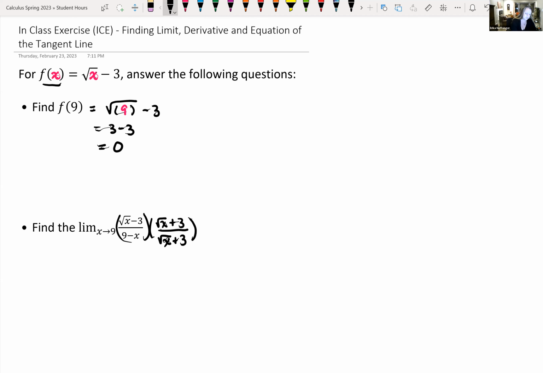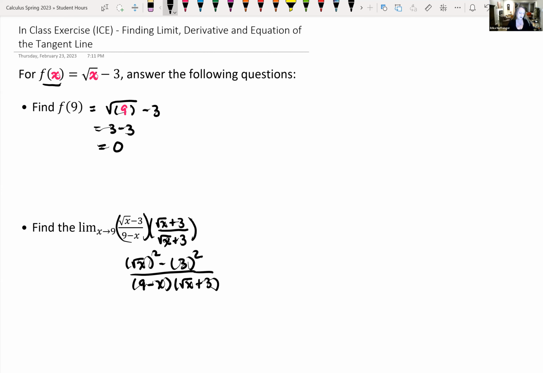So if we distributed that out, we would get the square root of x quantity squared minus 3 quantity squared, all over the piece that was not multiplied by the conjugate, which we just keep there. Sorry, for some reason my pen in this program is not writing the best. It's kind of dragging, but hopefully you can see and you're understanding.